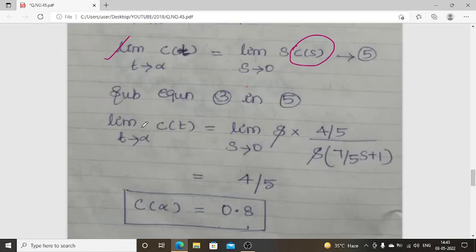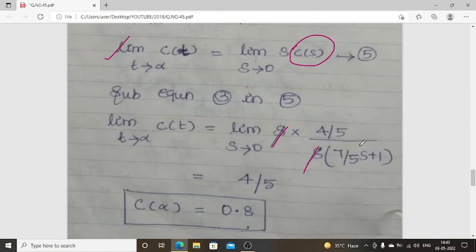So here what do you do? Limit t tending to infinity, C of t is equal to limit s tending to 0, s into 4 by 5 divided by s into 7 by 5 s plus 1. Here the s's are cancelled. On the left hand side, t tending to infinity, that's why C of infinity. On the right hand side substitute s tending to 0.